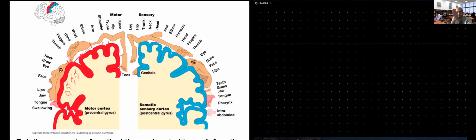Fingertips. Why fingertips? Because they have a much larger number of receptors.